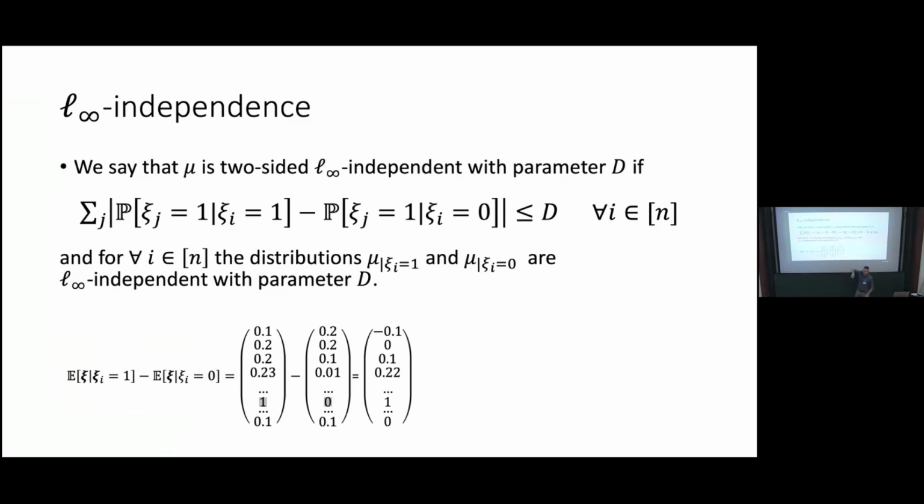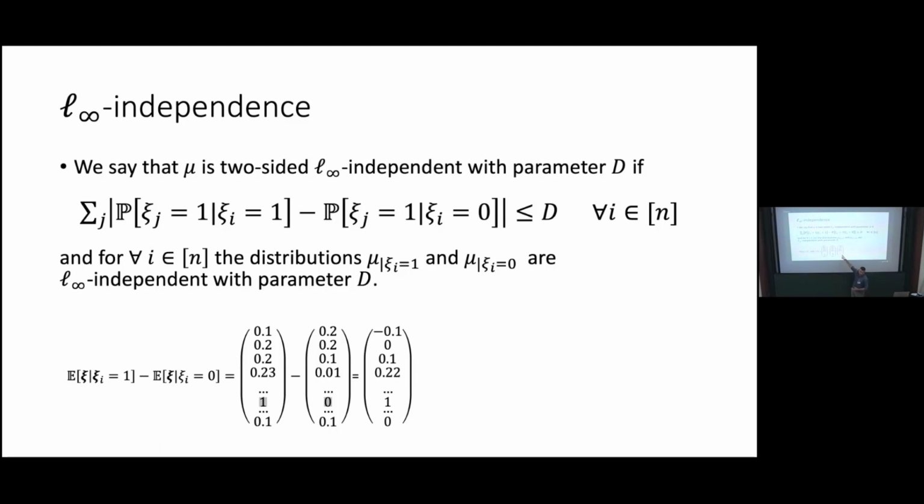Then if the distribution is independent, here we have all zeros, because conditioning on the entry i, if all the entries are independent from one another, doesn't change the marginals of the others. So if we have an independent distribution, here we have d equal to 1.